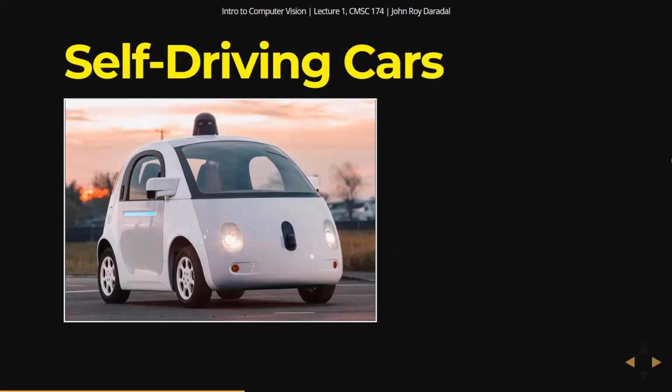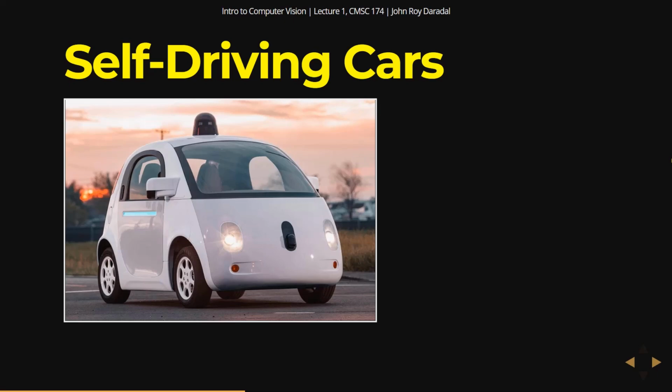So that's segmentation, and we can use this for self-driving cars. For self-driving cars, they have to see what's in front of them, right? So for them to be able to process if there's an obstacle, or if the road in front is free from obstacles, then you have to segment it first, right?